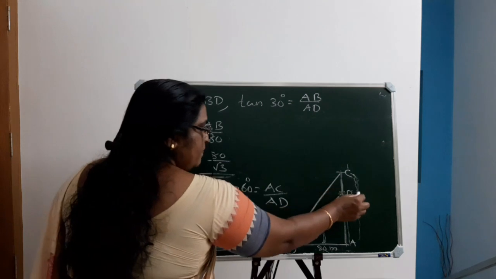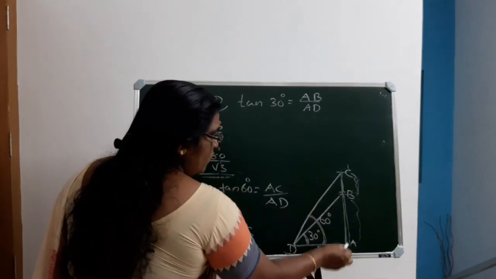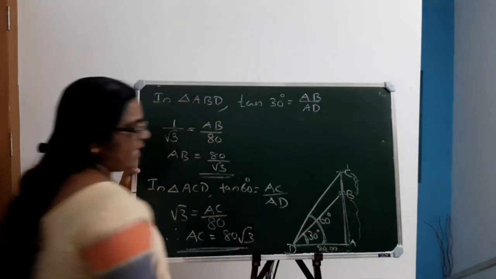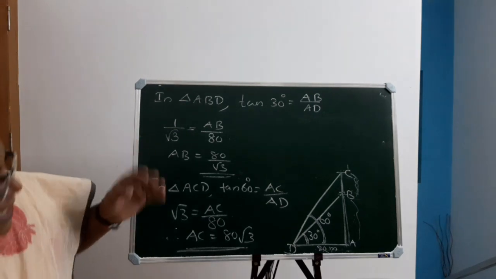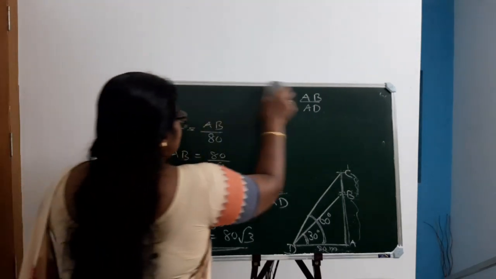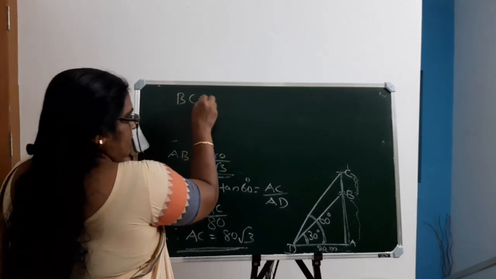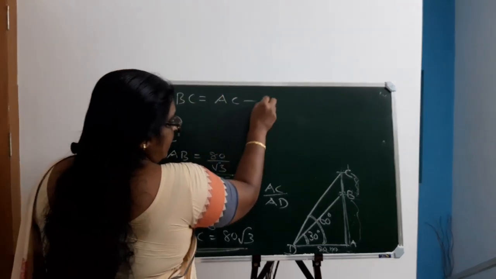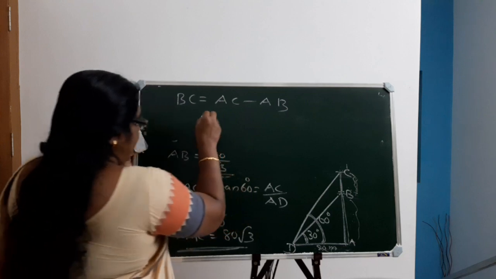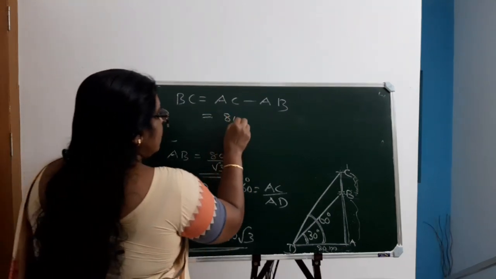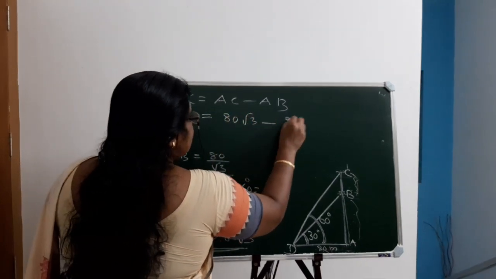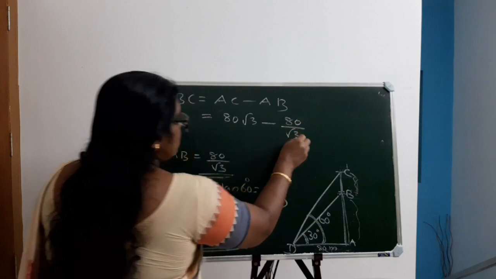And we have to find BC. BC is equal to AC minus AB. And next step, we can write BC is equal to AC minus AB. Our AC is 80 root 3 minus 80 divided by root 3.